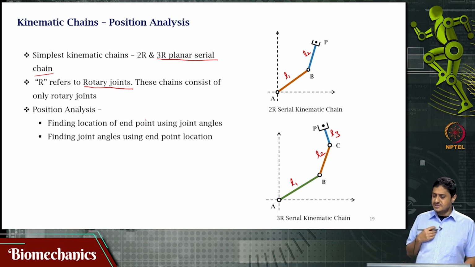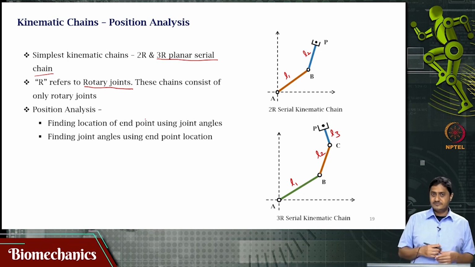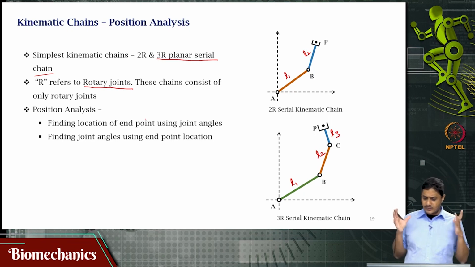So, now a question is, suppose I know the angles that these links make with the horizontal or with the previous link or with the ground, as the case may be, can you find out the end point coordinates? This is the big broad question before us.